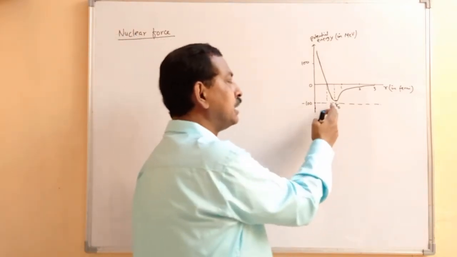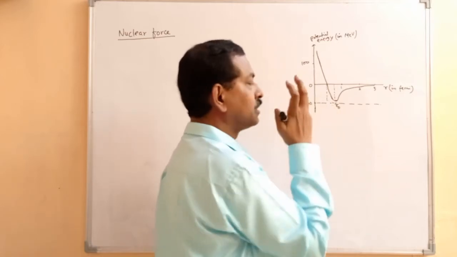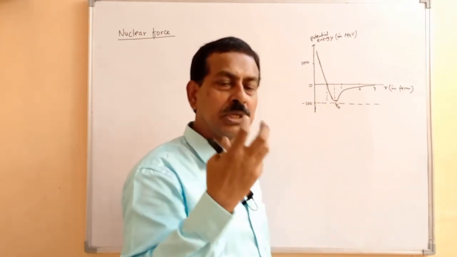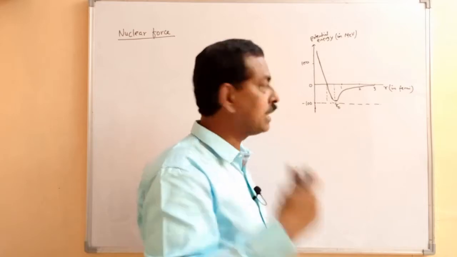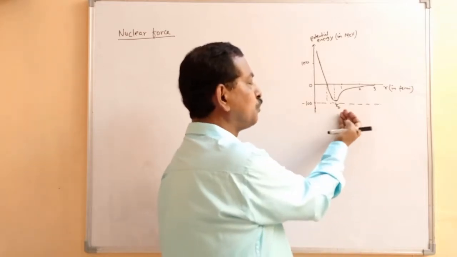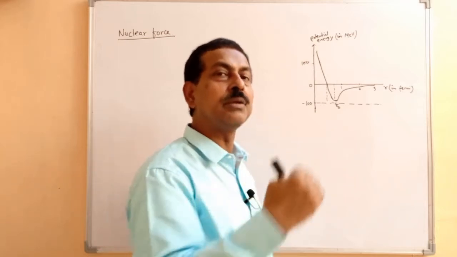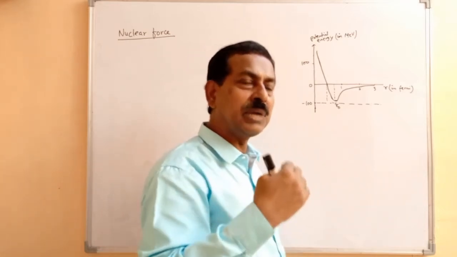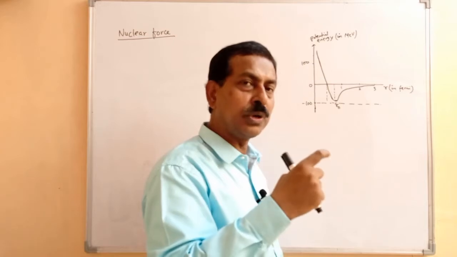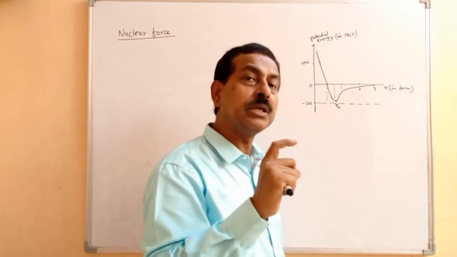So from here, it is the minimum energy where it has the equilibrium, or you have the formation of the nucleus. But if you decrease the separation further between the nucleons, the force will start becoming less attractive, and it will start becoming repulsive.